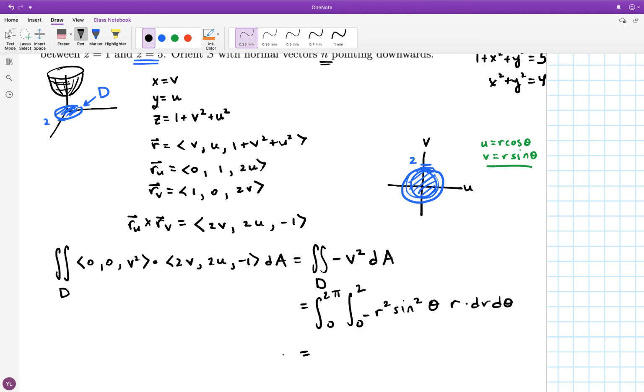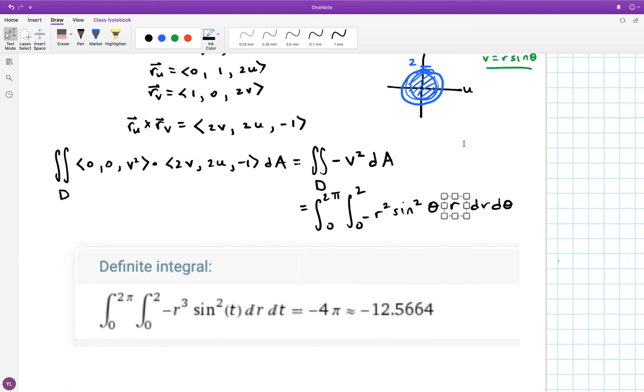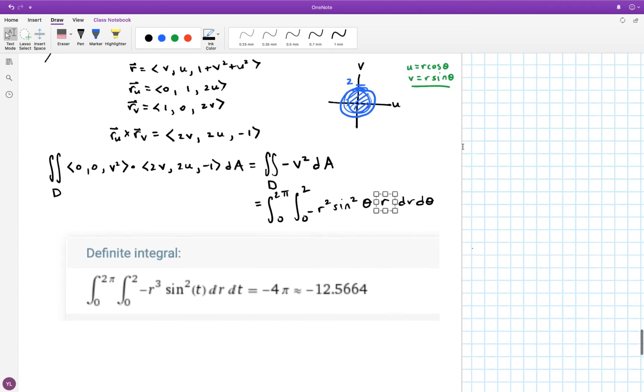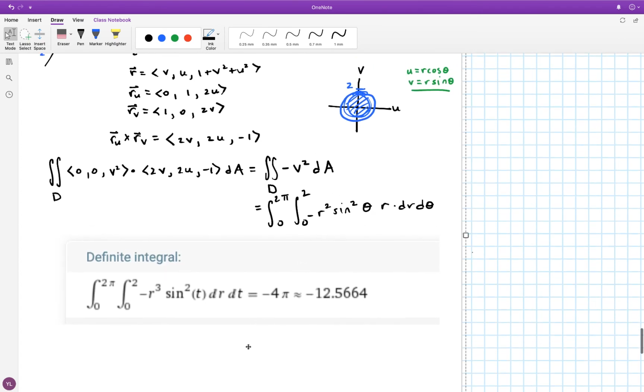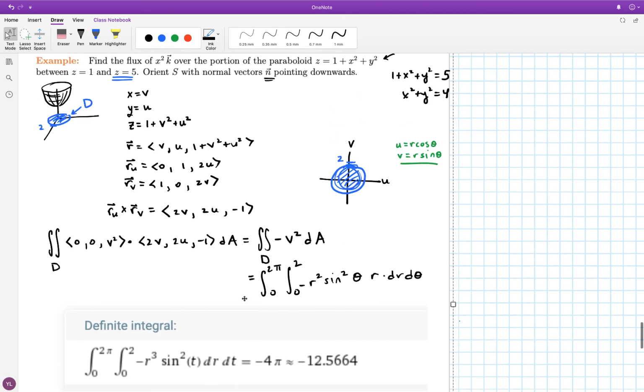Okay, and as usual, I might pop over to Wolfram Alpha to crank this out. So we're getting a flux of negative 4 pi when this is computed. Let me just check to see if the integral is set up appropriately. Looks okay. I'm using t instead of theta in Wolfram Alpha. Wolfram Alpha sometimes gets cranky with Greek letters.